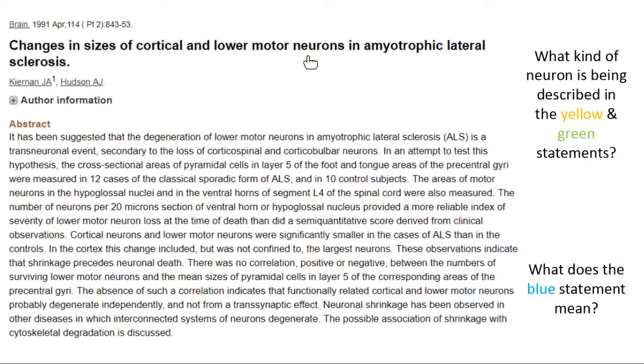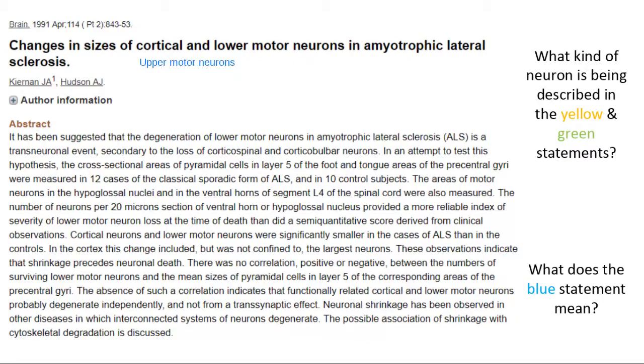We just talked about lower motor neurons, and we had another name for these cortical motor neurons. What was the name that we called them? Those neurons that I found in the cerebral cortex. I didn't call them cortical neurons. I called them, in an easier person word, upper motor neurons.